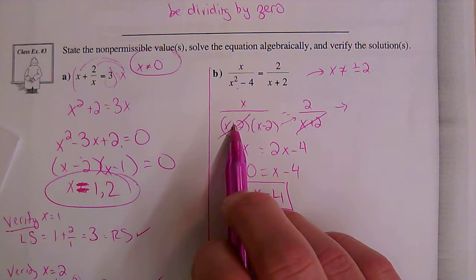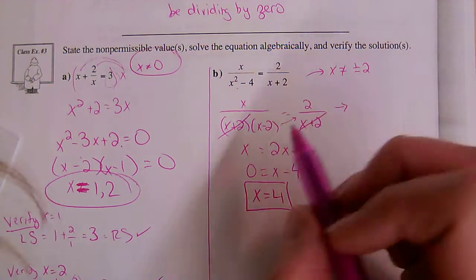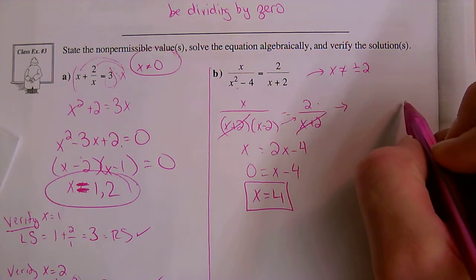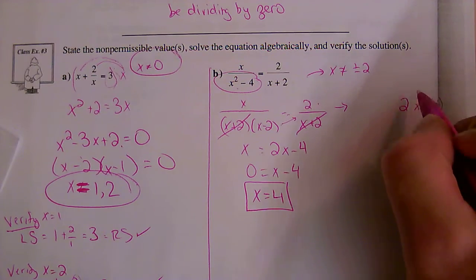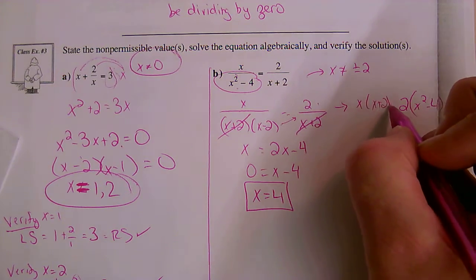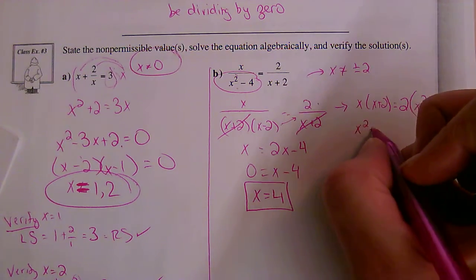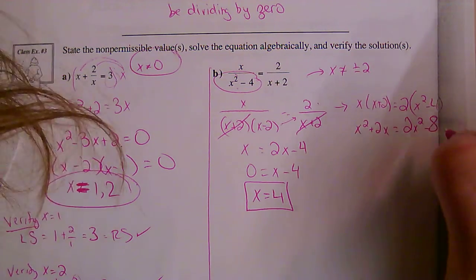If you didn't cancel these out, okay, you would have gotten, so those would have gotten multiplied up there. So you would have had the 2, which remember, difference of squares here, okay? And then that's going to get written up there, x plus 2. So then if you expand that out, so x squared plus 2x equals 2x squared minus 8.